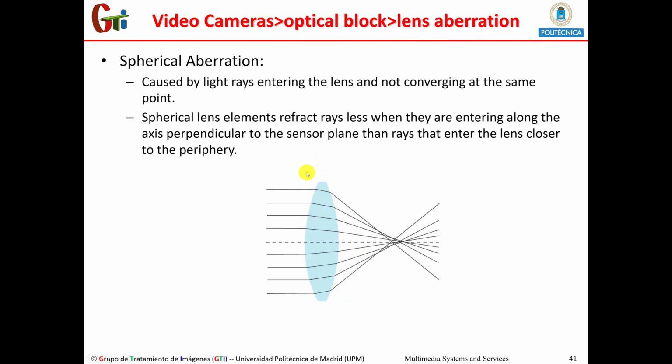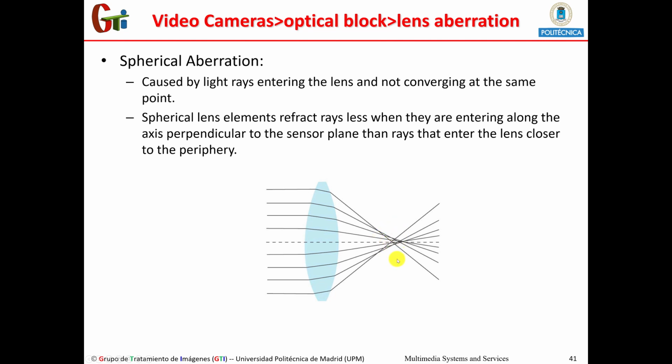The spherical aberration is another kind of aberration, in which the light rays entering the lens cannot converge precisely in only one point.